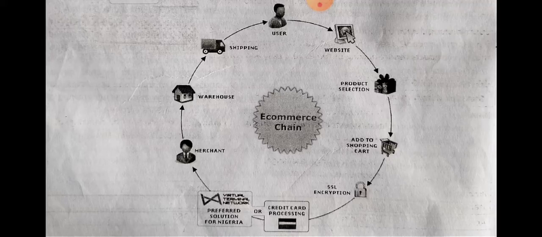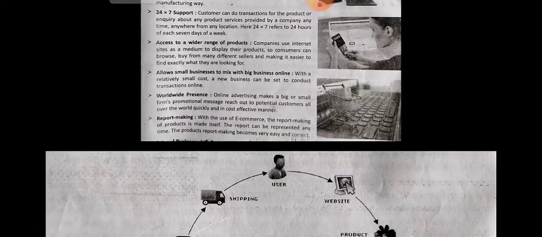Then after entering their address or phone number, the website takes him or her to the online payment mode. Once the payment is done, the request is sent to the merchant, and the merchant packs the order in their warehouse and then ships the product, and the user receives the product within 2 to 3 days. This is the e-commerce chain.